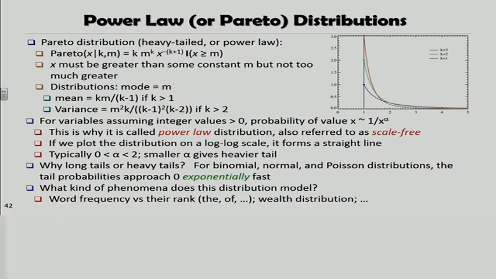Power law distribution, or alternatively the Pareto distribution. Pareto was a French statistician who discovered this distribution, and that's why people named it under his name. But more exactly, this is more like a power law, because if you look at the distribution, it's really like an exponential one. That's why they call it the power law distribution.